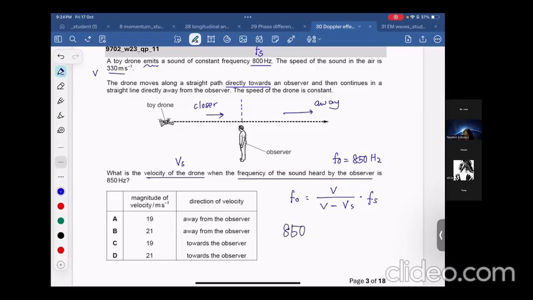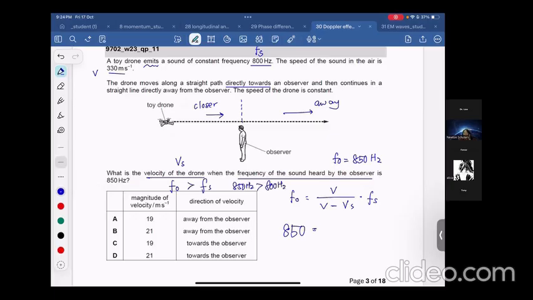The source is 800 hertz. Then after that, when they ask you here, dear, I know the problem. Why is it minus here? Another explanation. The frequency is 850 hertz. The frequency for your observer is greater than the frequency of your source, which is 800. 850 hertz is greater than 800 hertz.